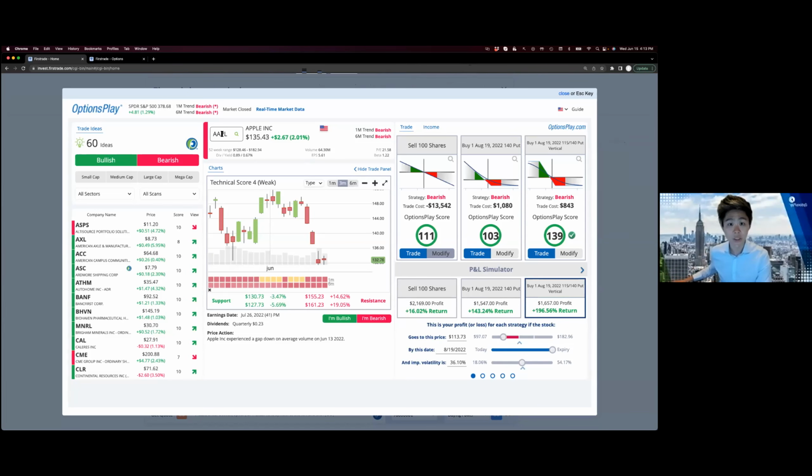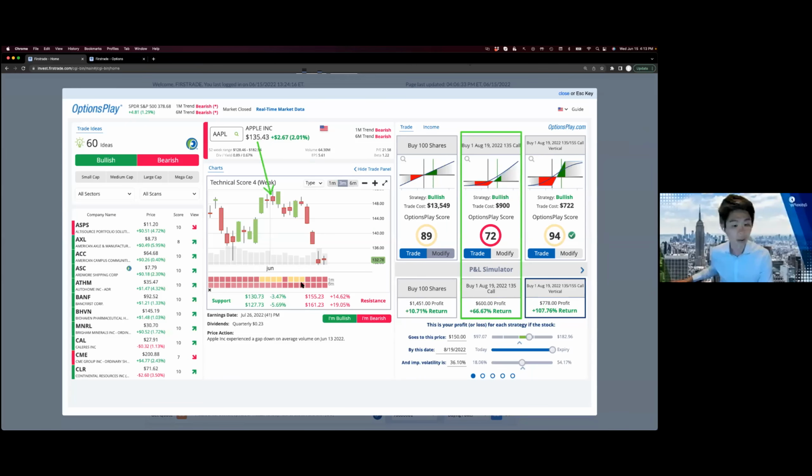Jess is going to walk you through some of the scenario analysis here in a minute, but let's say Apple's currently trading at 135 and you're bullish on the stock and you think the stock might rally up to, let's say, $150. You can type that in and actually see how this August 135 call option would perform if the stock does rally from its current 135 up to the $150 range.